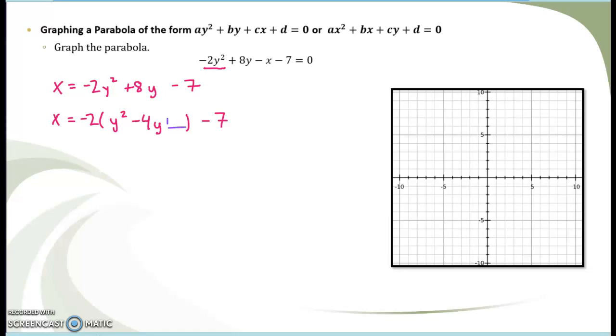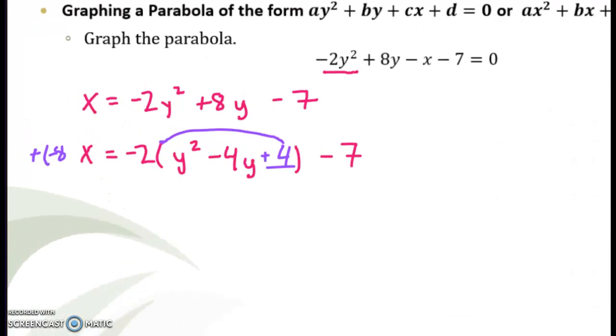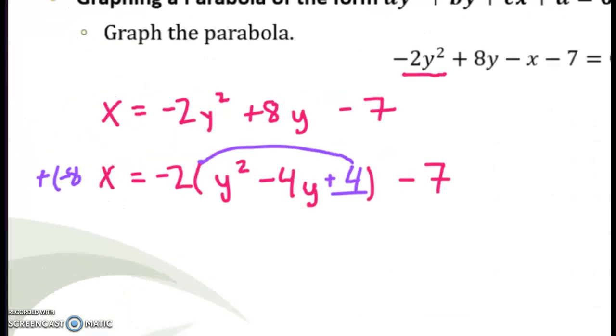Now the question is, what do I need to add here? I need to add negative b over 2a squared, which is 4. But I'm not just adding 4, I'm adding 4 times negative 2. So on both sides, I'm actually adding negative 8. So on this side, let's go ahead and add negative 8 to this x. Let me fix that real quick.